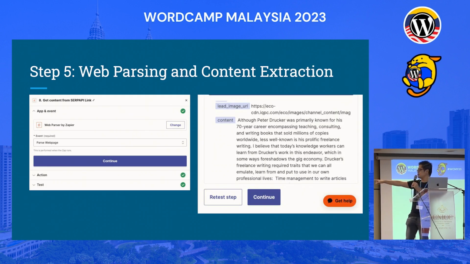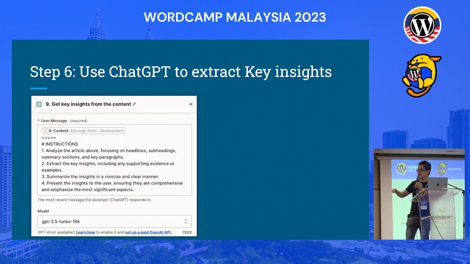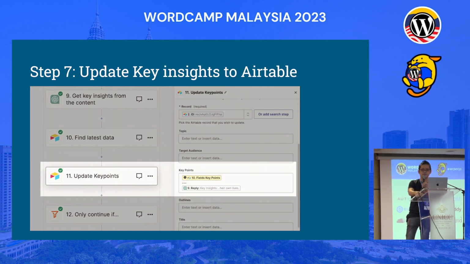After that, I'm going to use an extension called Web Parser by Zapier to get the content from the links that we got previously. Then we use ChatGPT to extract all the key insights from that particular content. So by the end of the day, you will get key insights from 5 or 10 articles, depending on how many you use.